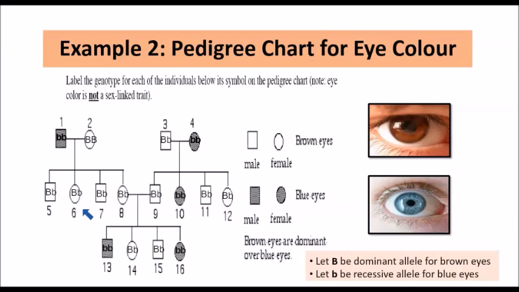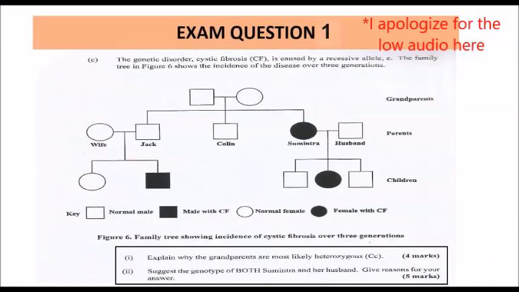So it can go either way. So you really have to study the chart, the information that is given. So you're using the information about the phenotypes to work out the genotypes of the individuals. So hopefully you have a better understanding of working out pedigree charts.